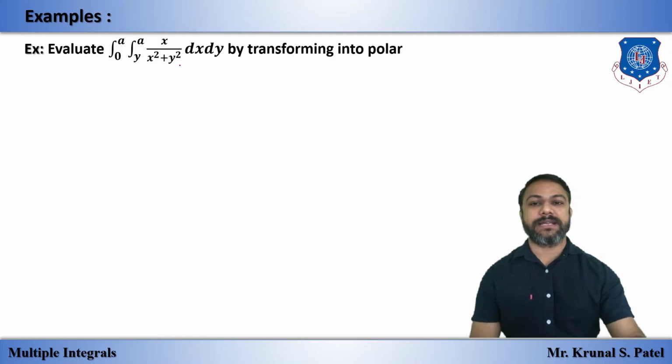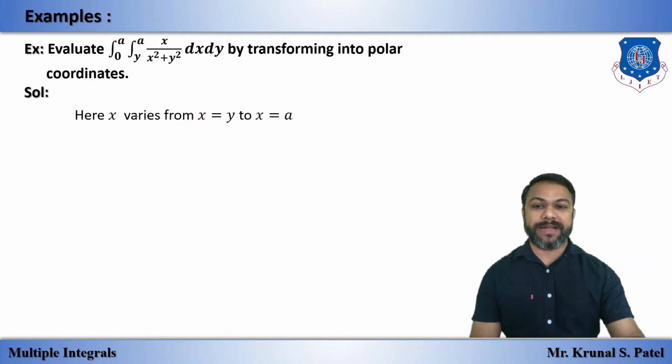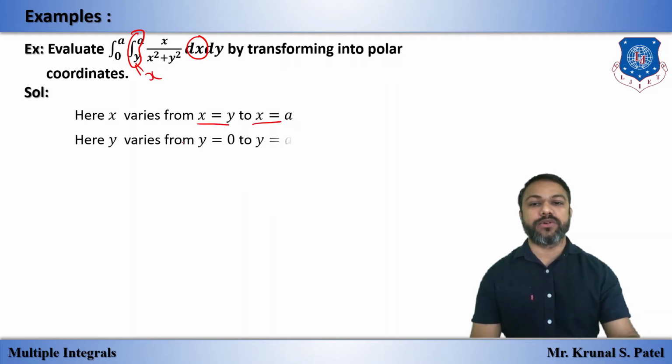We have this, and by transforming into polar coordinates, we just write down the given limits. The inside limit is right now in the form of y, so it is the limit of x, and the outside limit is of y. So we have x is equal to y to x is equal to a, and y is equal to 0 to y is equal to a.